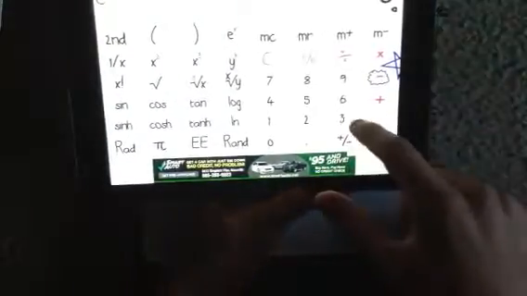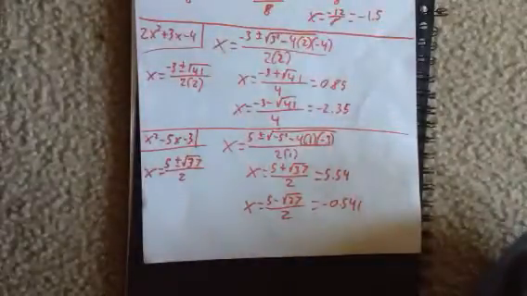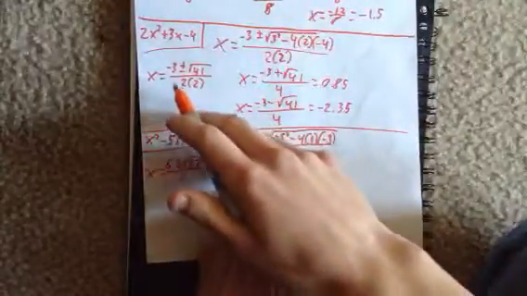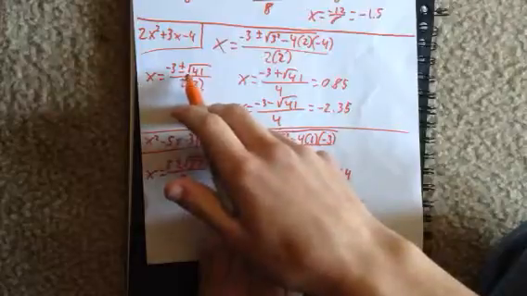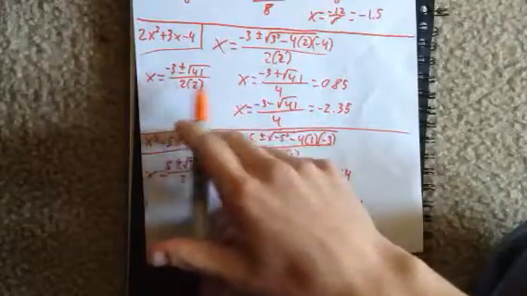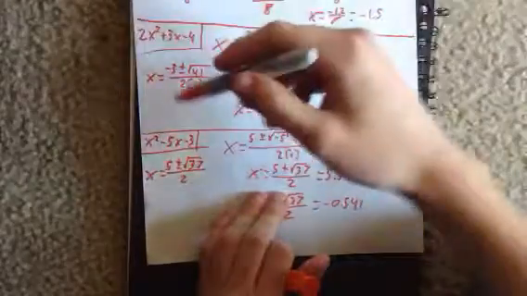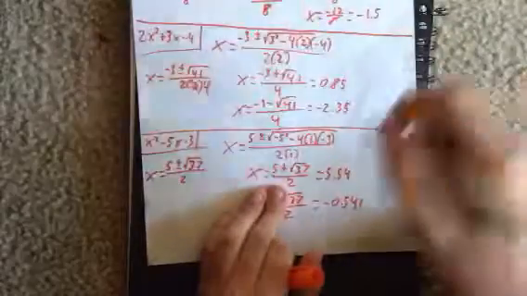And now 9 minus that negative 32, and we get 41, which means our equation is now x equals negative 3 plus minus square root of 41 over 2 times 2. The denominator simplifies to 4.